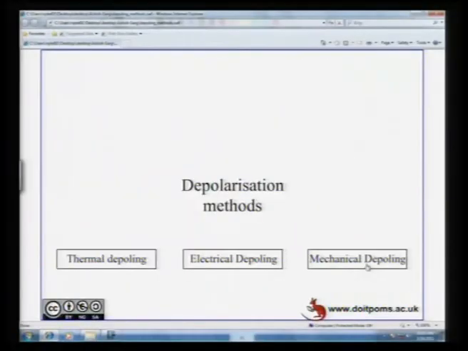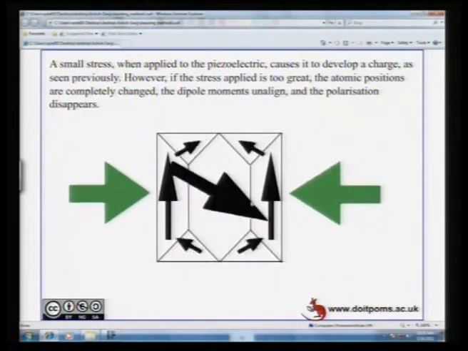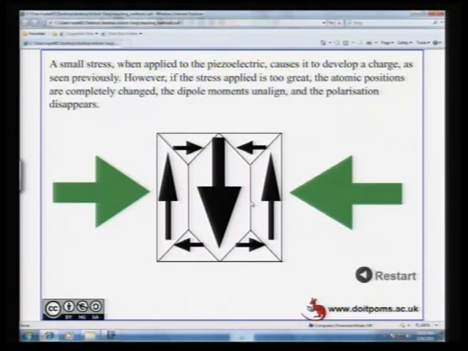This is what was demonstrated in the previous animation. If you look at it again, when the stress is small, it just flips up and down below the equilibrium position. However, when the stress becomes large, the atoms completely flip over from the previous position to a new position. As a result, unalignment occurs.